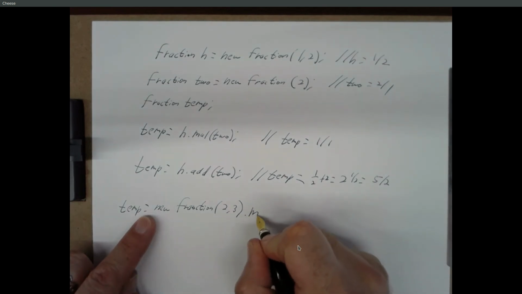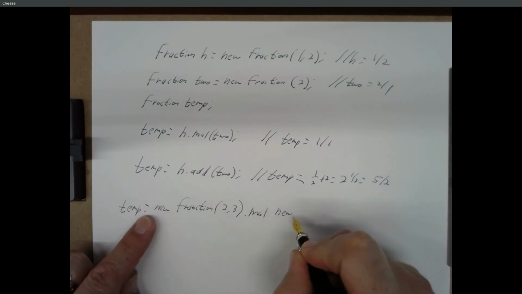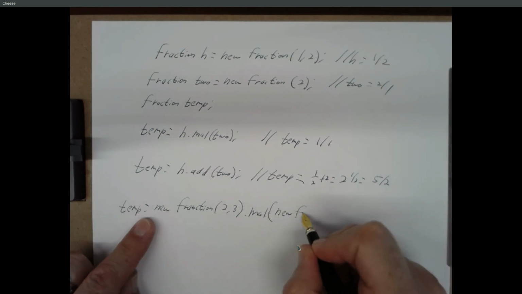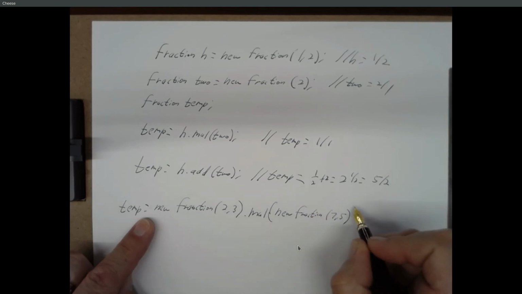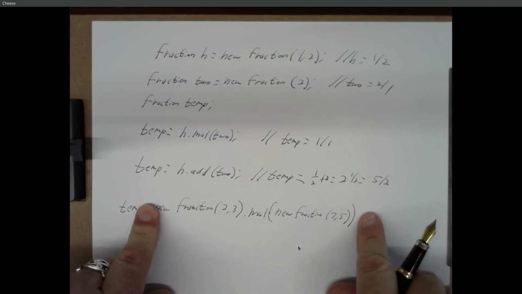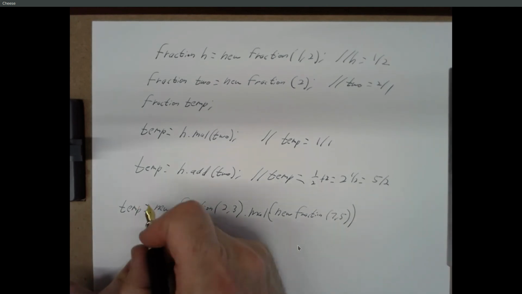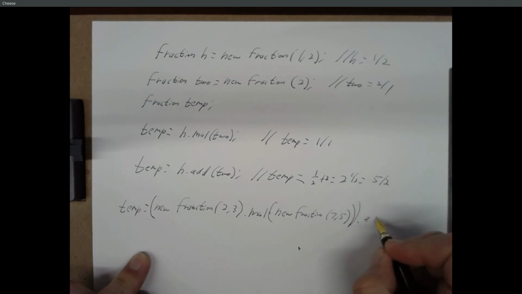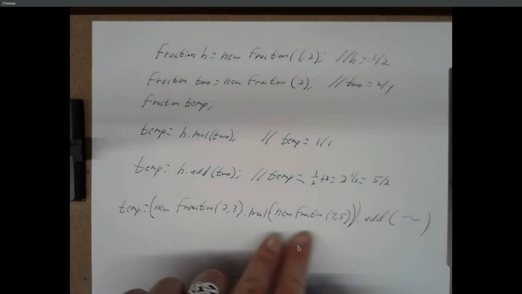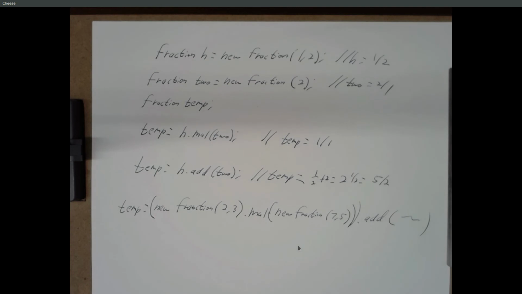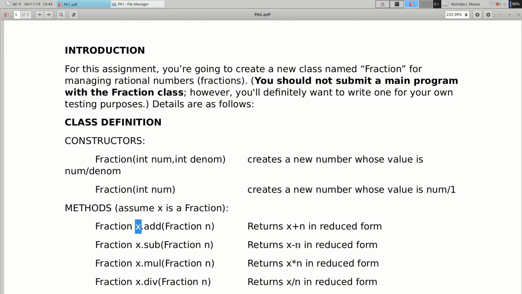So I could say dot multiply new fraction 7 comma 5. So this is a fraction which is 2/3 times 7/5. And I can take that whole thing and say add, and I can put in a new fraction name, or I could say new fraction and put in an expression, and so on. All of these things are objects. As soon as you have an object of type fraction, it's got add, subtract, multiply, divide, and everything else we're about to talk about.